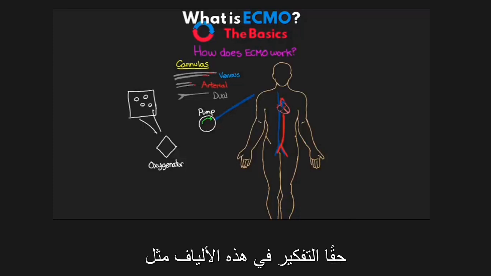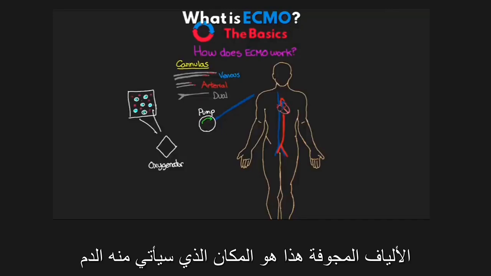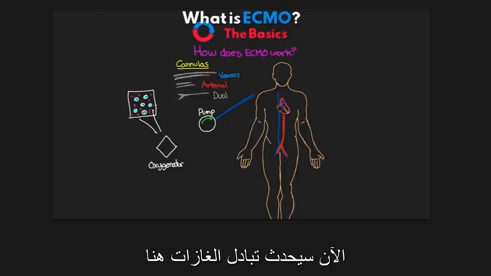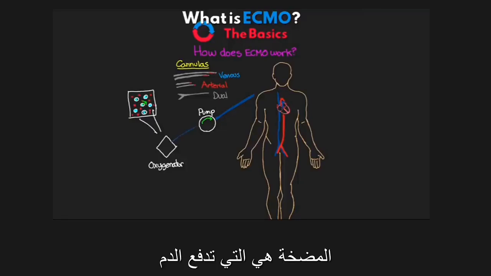We can really think of these fibers like alveoli. Inside these fibers is where our oxygen gas is flowing, and on the outside of the hollow fibers is where the blood comes through. The gas exchange takes place across the membrane of each of those hollow fibers due to diffusion of gas. Again, it's the pump that's driving the blood through this oxygenator.